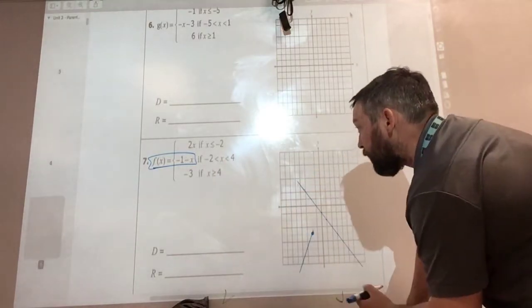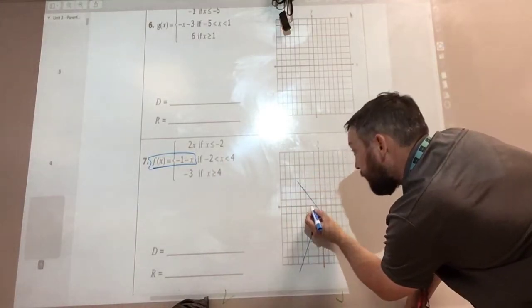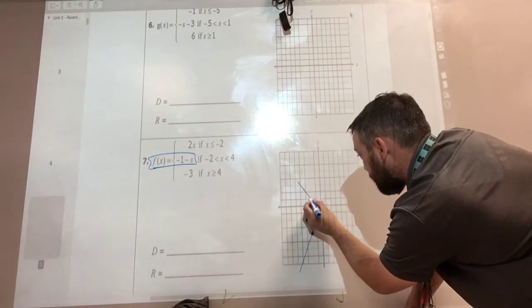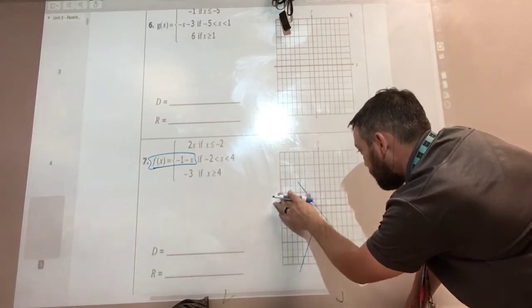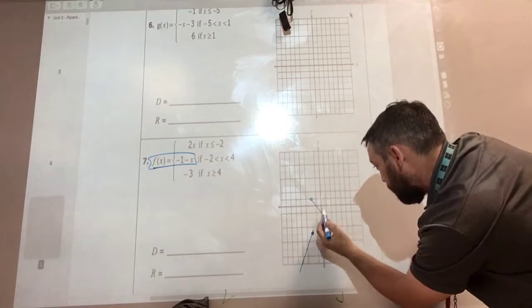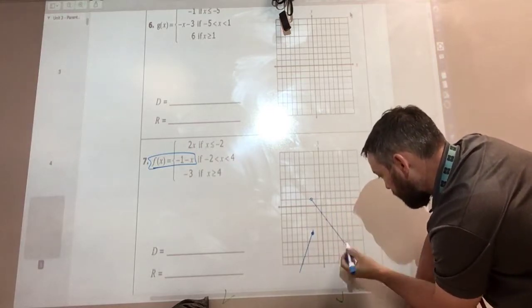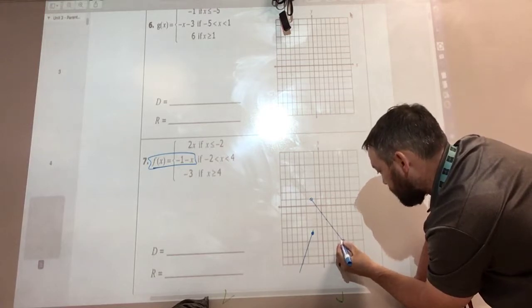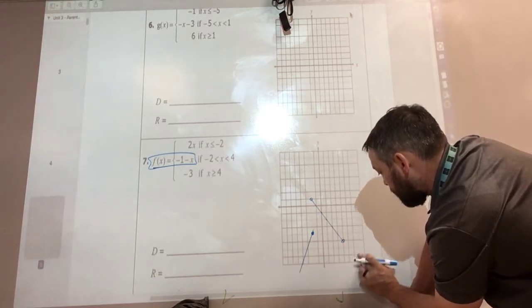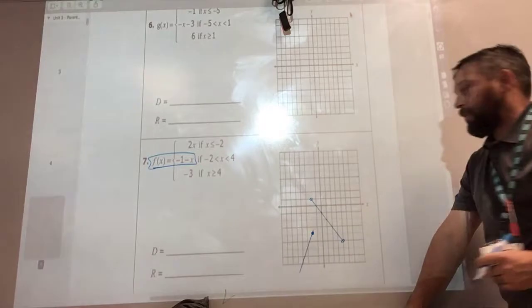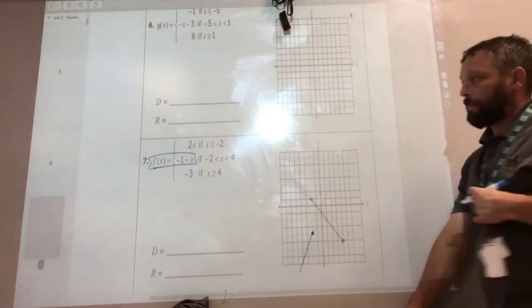From negative 2, that's going to be an open circle. We erase that, to 4. 1, 2, 3, 4. Okay, so down here, that's another open circle. So there's my second one.